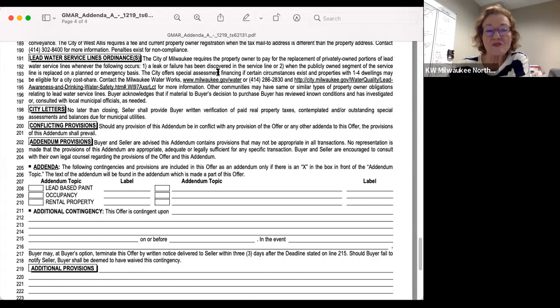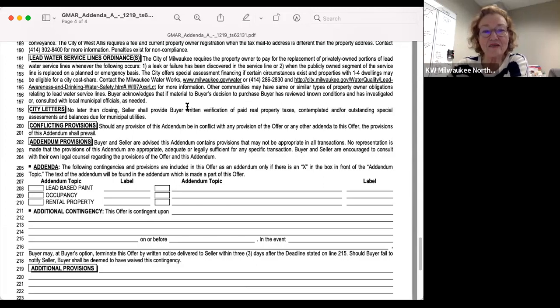The city offers special assessment financing if such circumstances exist, and properties with 1 to 4 dwellings may be eligible for a city cost share. Again, they give you links and phone numbers for more information to see if it specifically applies to your property. Other communities may have the same or similar types of property owner obligations relating to lead water service lines.